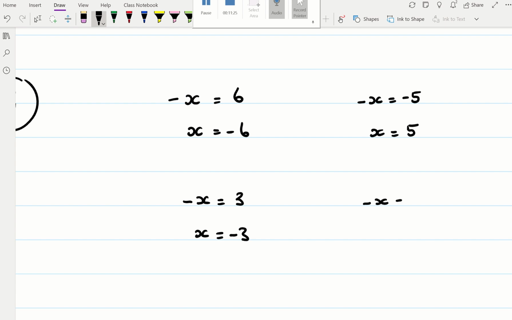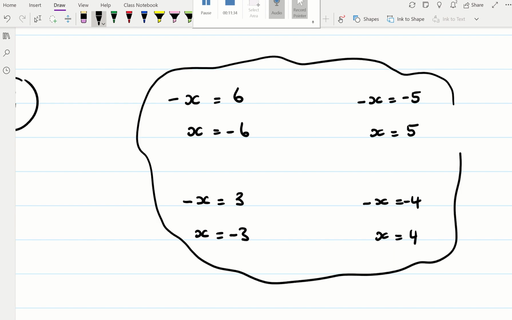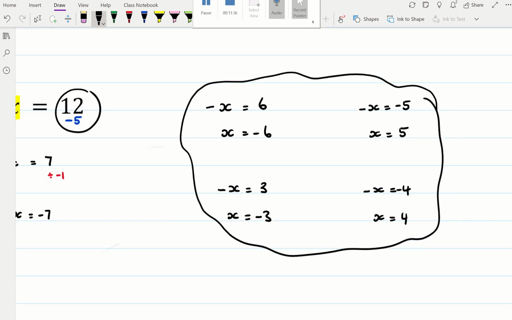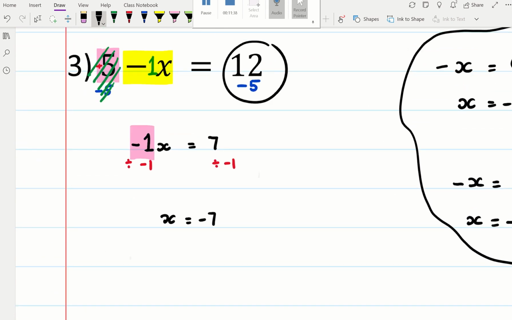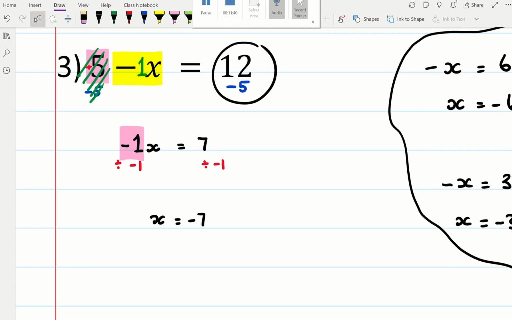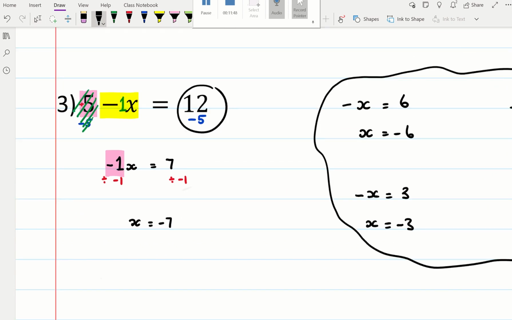Again, negative x is 4, or negative 4, x equals a positive 4. So whenever you have a negative x, the final answer is going to be the opposite. Negative x is 7, therefore x is negative 7.